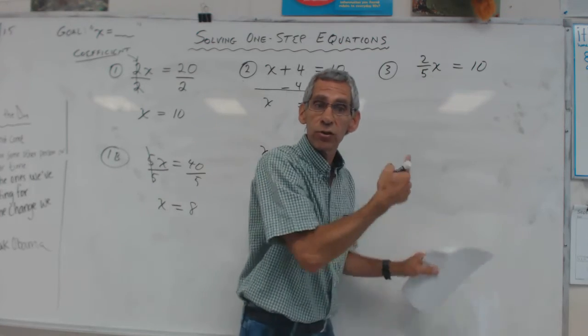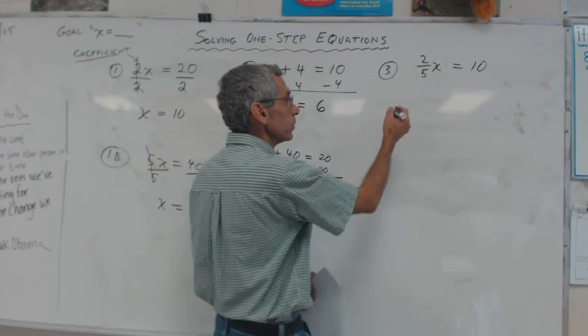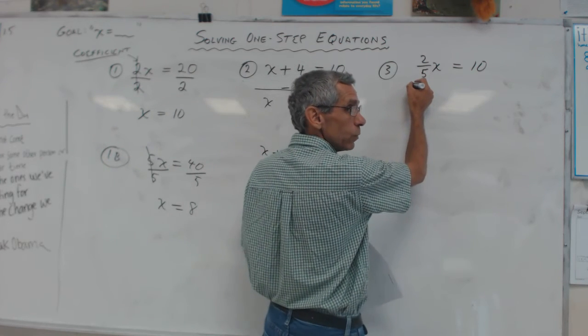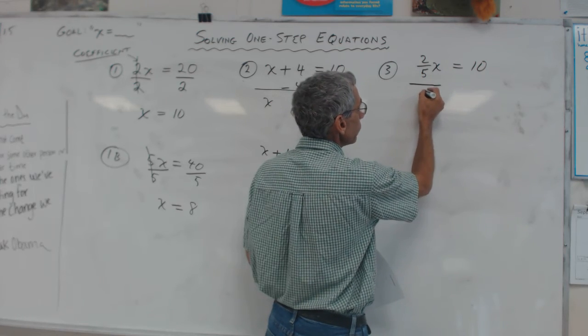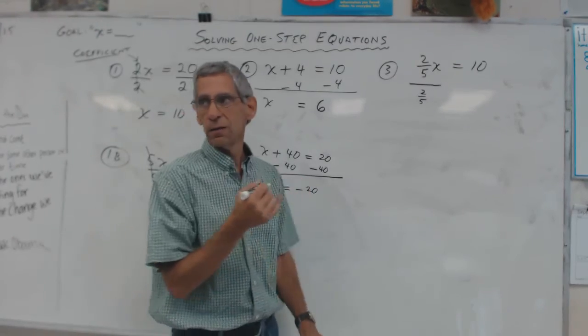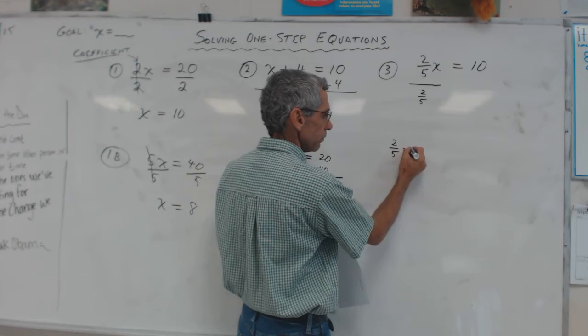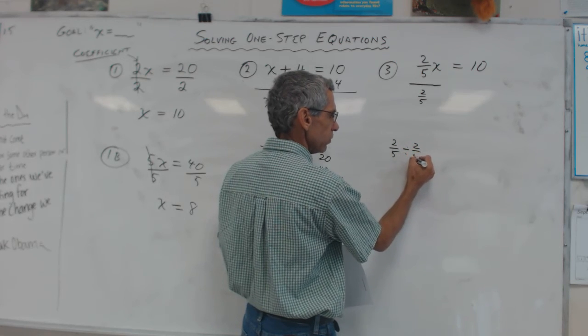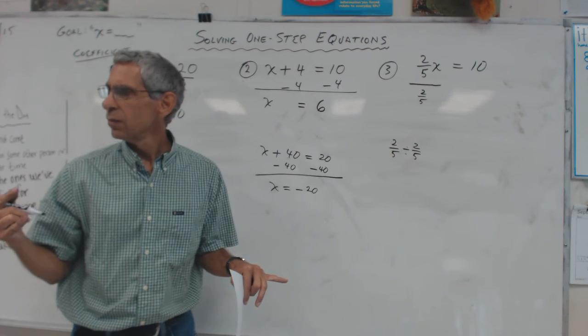Normally, they multiplied my x by 2/5, right? So I would normally divide by 2/5. This is not how I would normally do it, so don't write this down for a second. You divide by 2/5. But that's confusing. 10 divided by 2/5. But remember, how do you solve that again? You have to turn it into a multiplication, right?